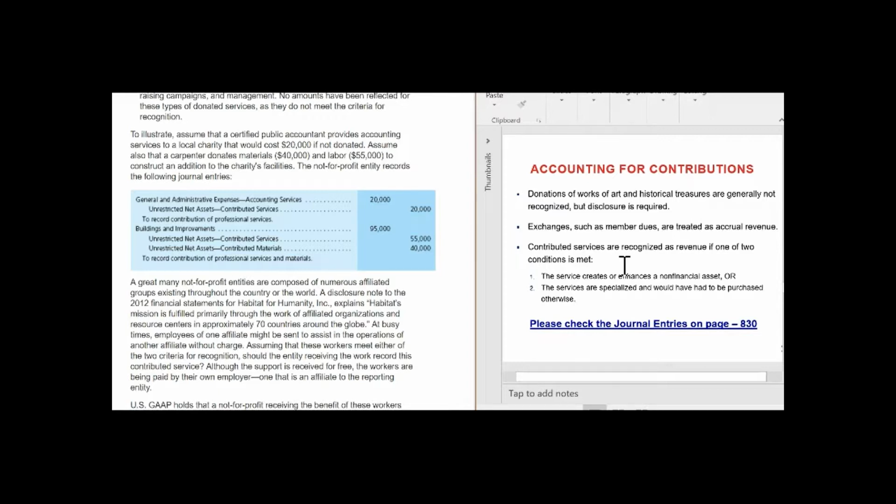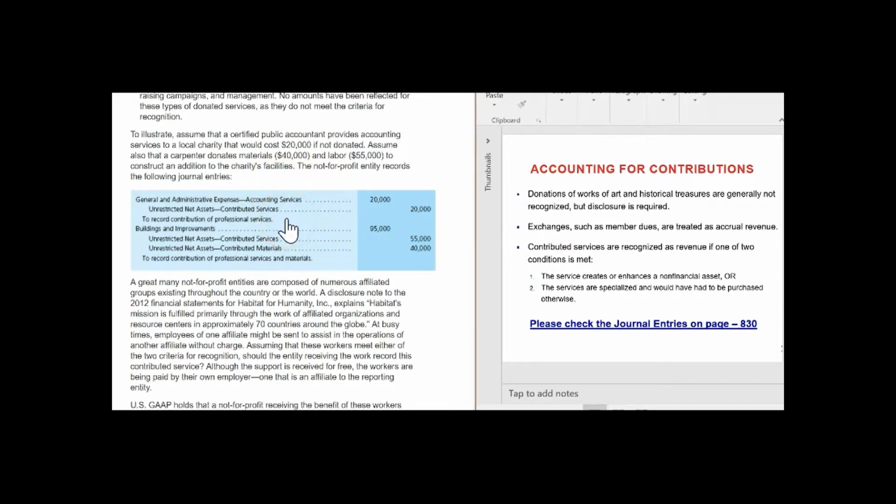Now the second type of donations includes specialized skills, for example legal or accounting services. Now we will see one example, and this example is from your textbook, page number 830.